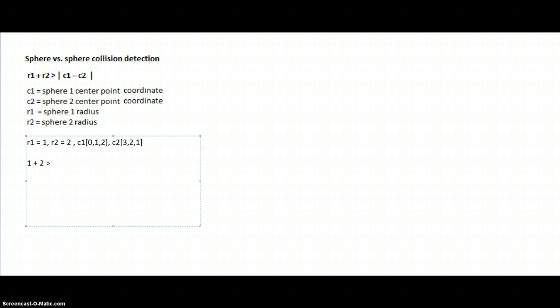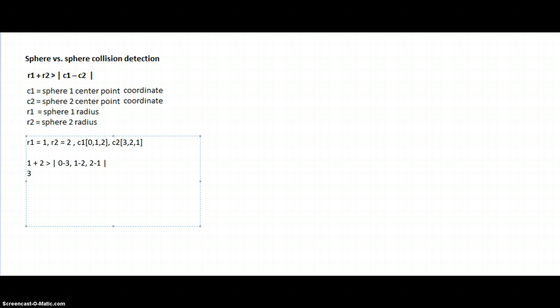I will not add the whole formula there at once because that gets messy pretty easily. So first I just calculate the differences of these: 0 minus 3, 1 minus 2, and 2 minus 1.